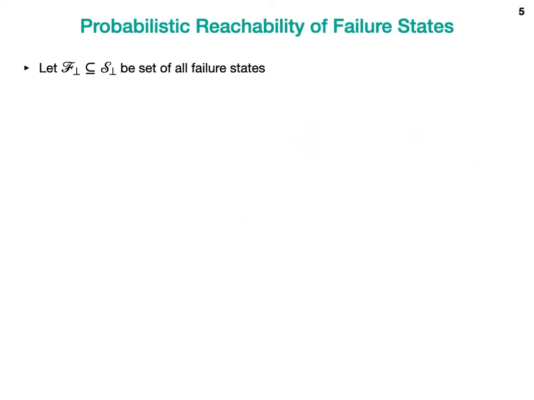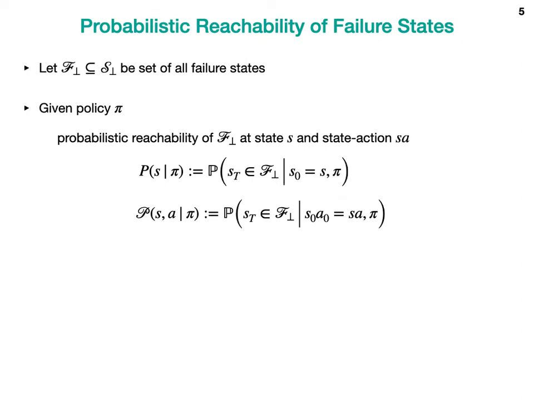We also define probabilistic reachability of failure states as a safety measure where the failure states are given a priori as a subset of terminal states.